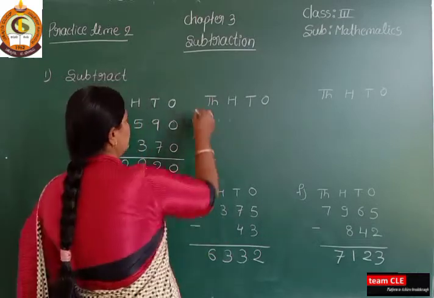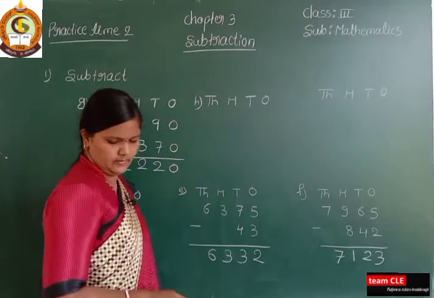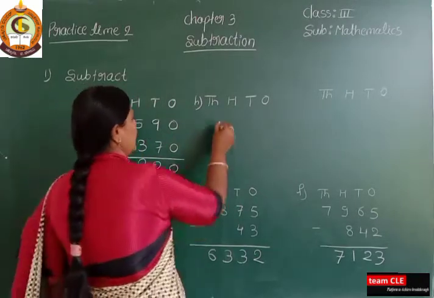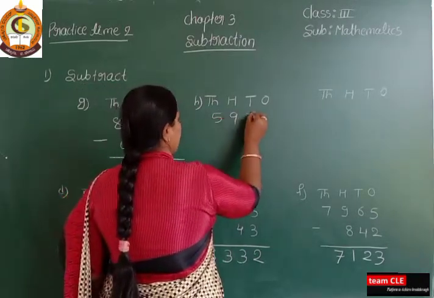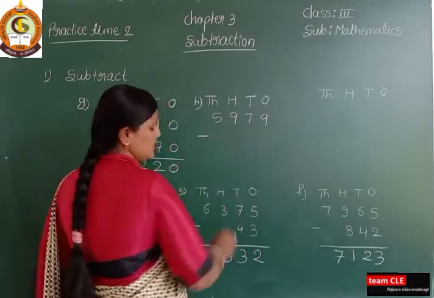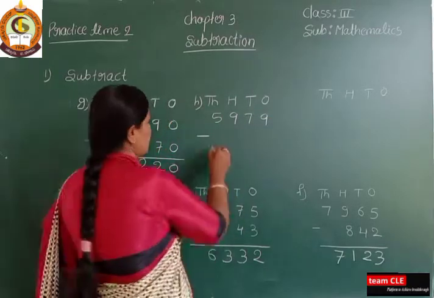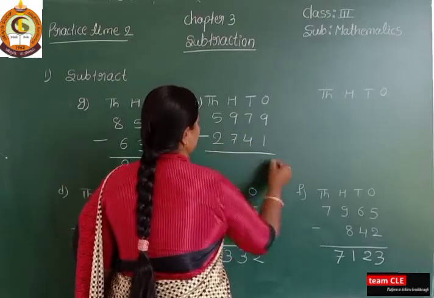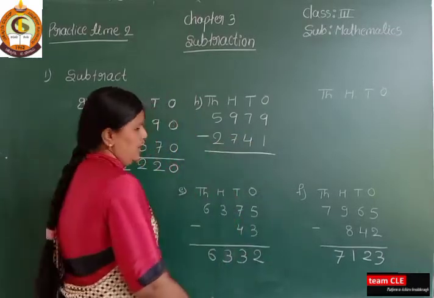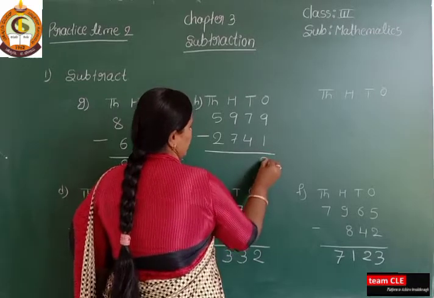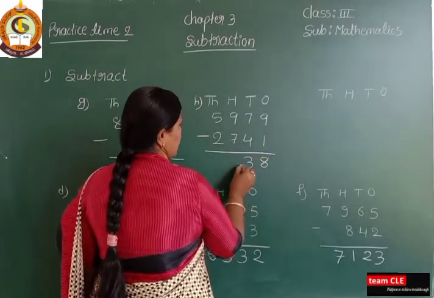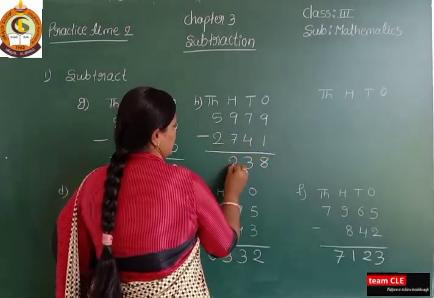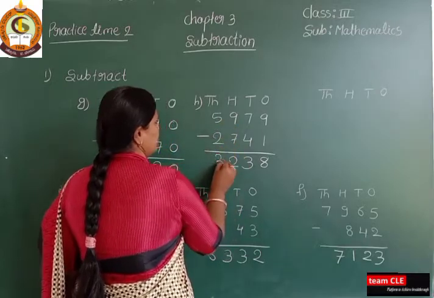H1 problem. 5979 minus 2741. Yes, solve here. 9 minus 1 is 8, 7 minus 4 is 3, 9 minus 7 is 2 and 5 minus 2 is 3.